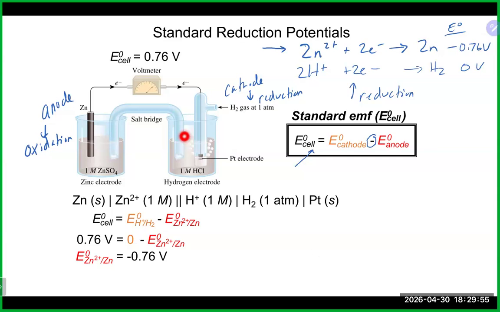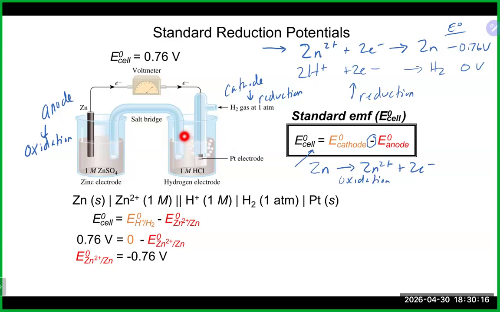To make it into an oxidation reaction, we actually would have to reverse the reaction around, and we would have to have zinc going to zinc with a +2 charge and 2 electrons. And that would be the oxidation reaction that is happening.